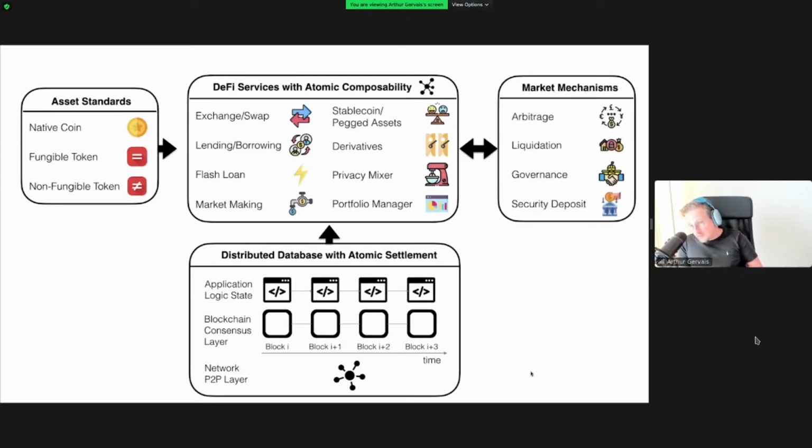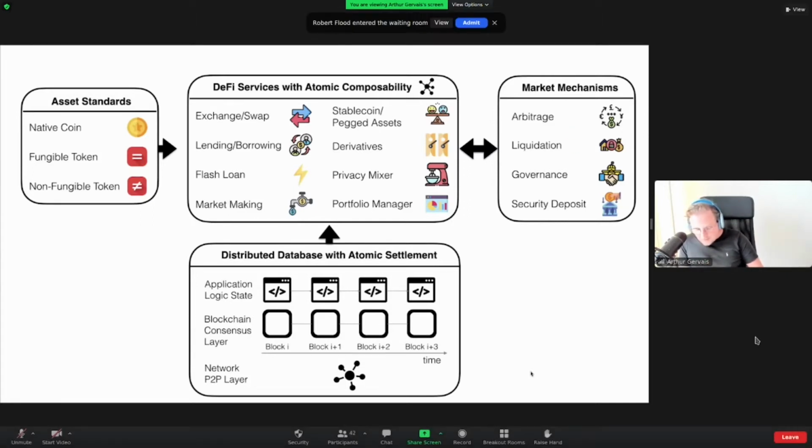As in traditional finance, in decentralized finance, we have a variety of market mechanisms. For example, arbitrage is typically considered a benign practice of equilibrating prices of assets on different markets. There are liquidations, there are governance votes, and security deposits or collateral.